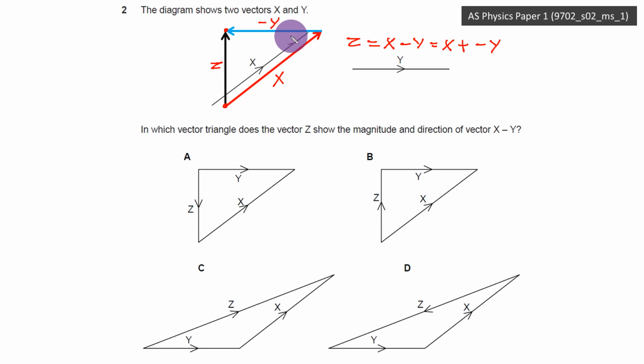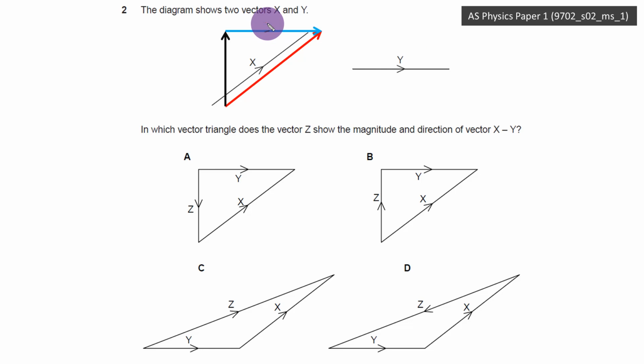But in our choices, there is no vector which points in this direction. y still points in the same direction. So we can still end up changing the direction of minus y to point to the right, and therefore it just becomes y instead of minus y.